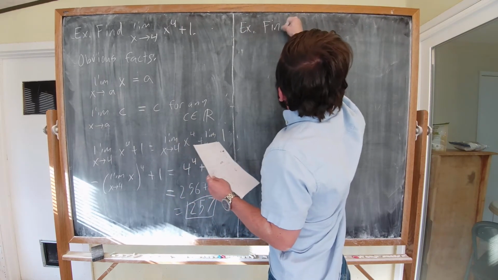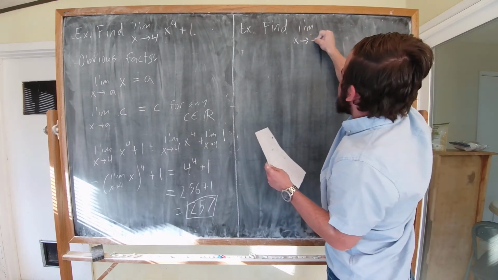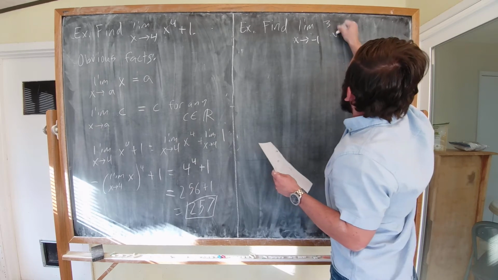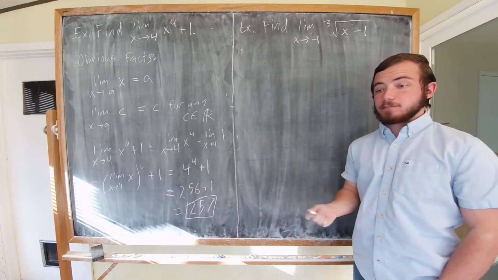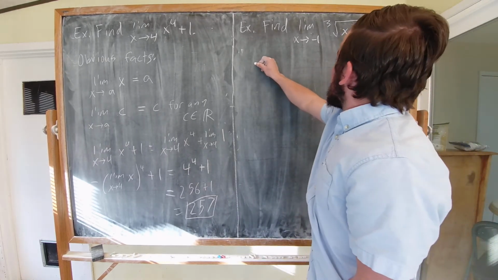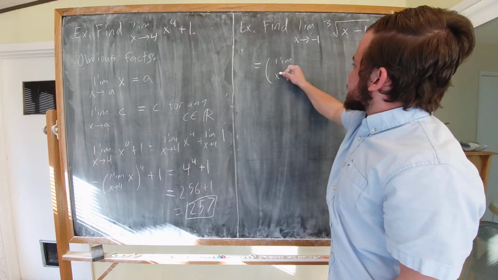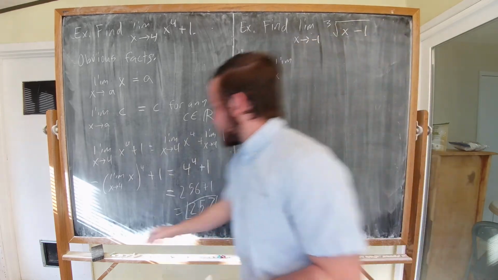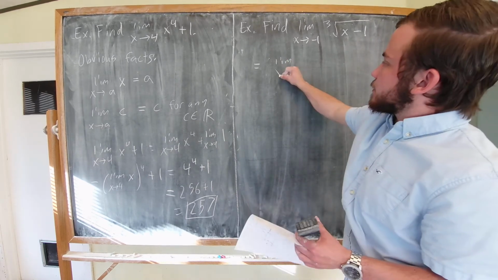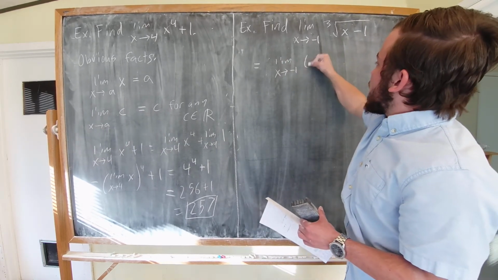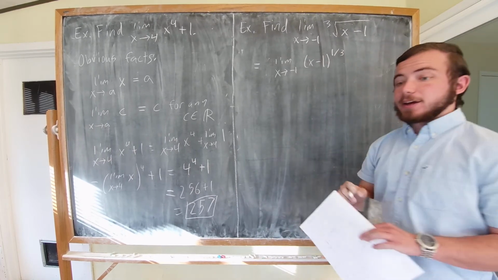Let's find the limit as x goes to -1 of the cube root of x minus 1. Well, that is equal to, I'll put the extra step in, the limit as x goes to -1 of x minus 1 to the 1/3 power.